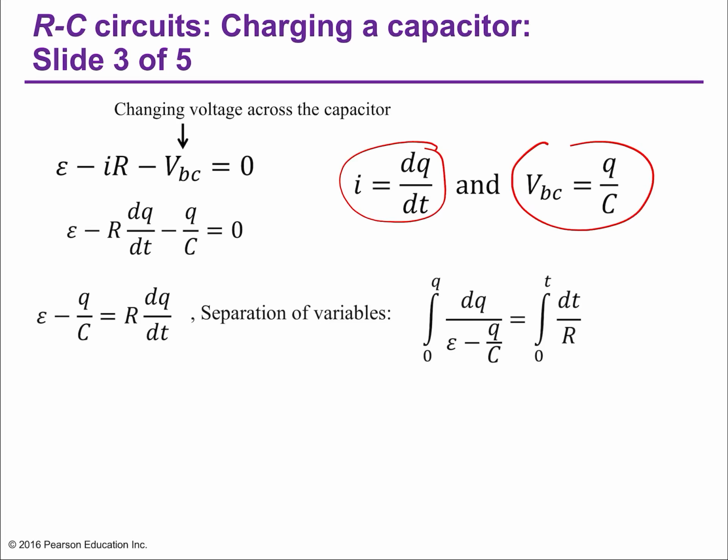So our integration would be: the integral on the left would be with respect to the variable dq, and the integral on the right would be with respect to the variable dt. The limits of the integrals are: at the instant the switch is closed, time is equal to 0, and that corresponds to 0 charge on the capacitor plates, and after a time t the charge on the capacitor plate has reached the value of q.